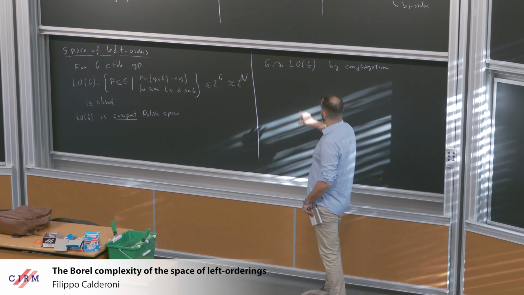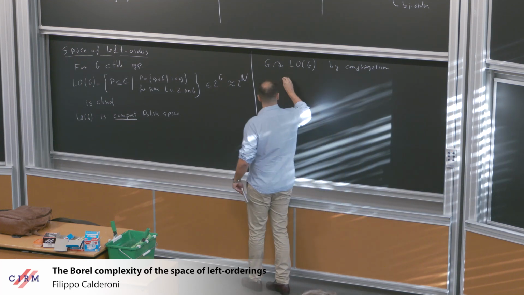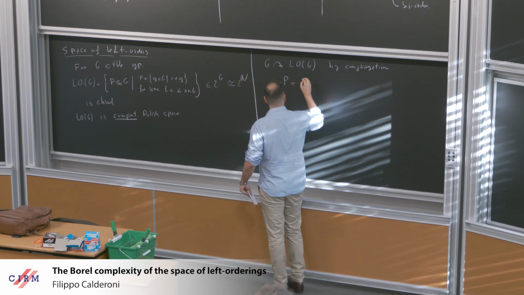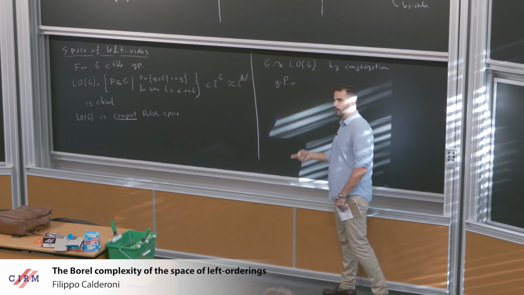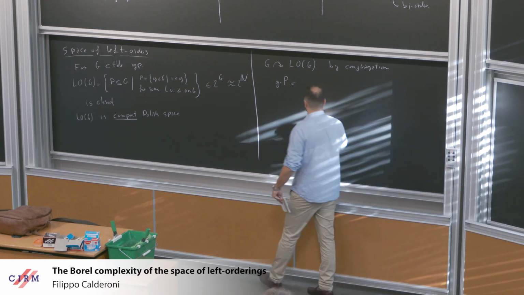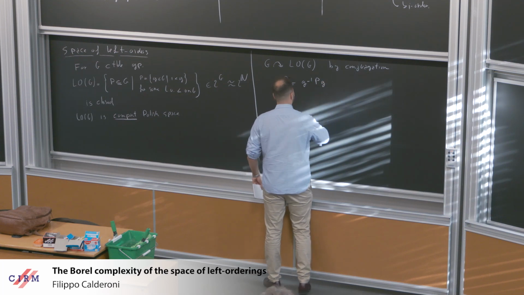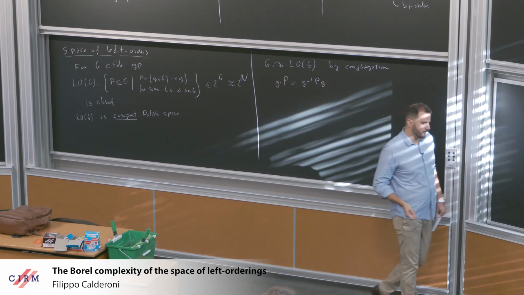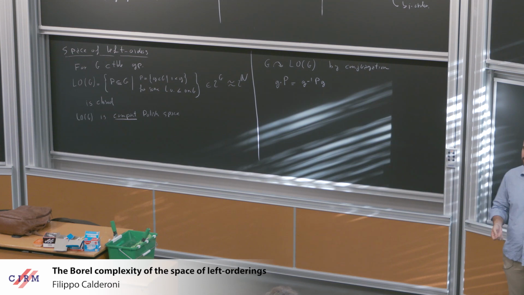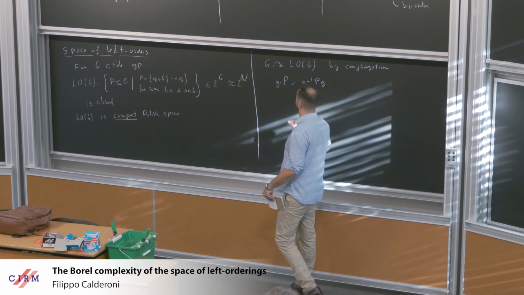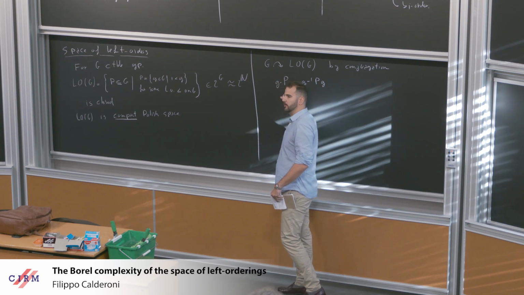Since every element P of LO(G) is just a set, gP is just the set of all conjugates of elements in P. Or if you prefer, G is identified with a group of inner automorphisms, and we let that group act on LO(G).